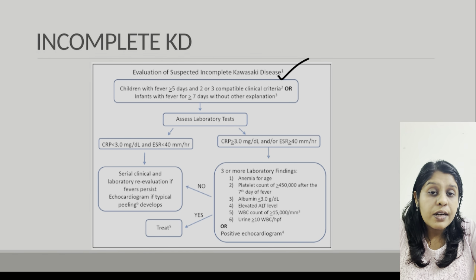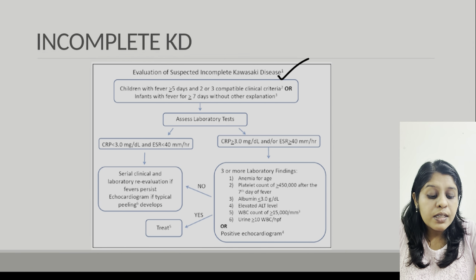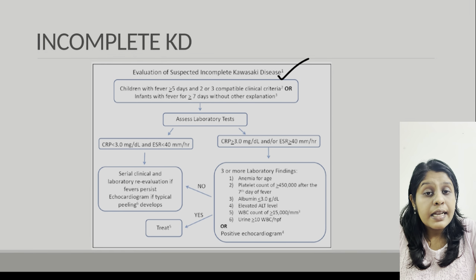That is anemia for age, thrombocytosis more than 4.5 lakhs, albumin less than 3, urine WBC more than 10, elevated counts of more than 15,000 and elevated ALT levels. In this, 3 or more has to be there, or we have to do a screening echo.